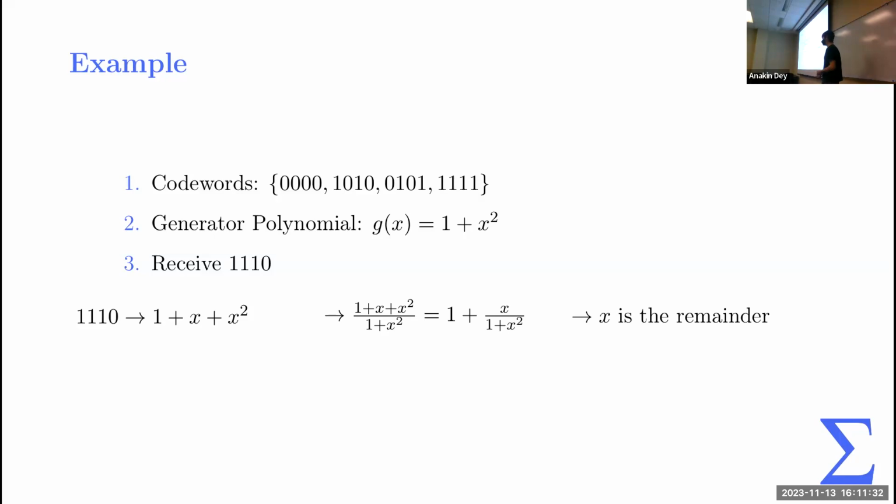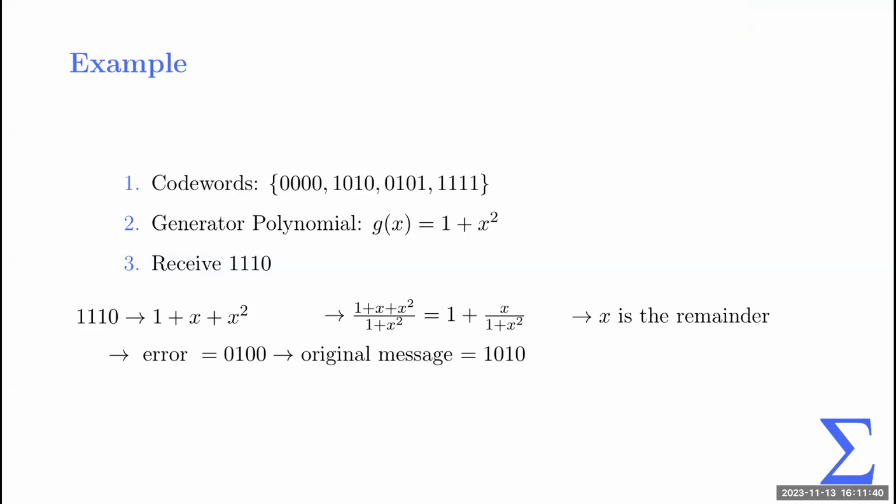X corresponds to 0, 1, 1, 0. And from that, we can get our original message by subtracting the error from the message that we get. So yeah, any questions about using generator polynomials and this encoding decoding scheme?